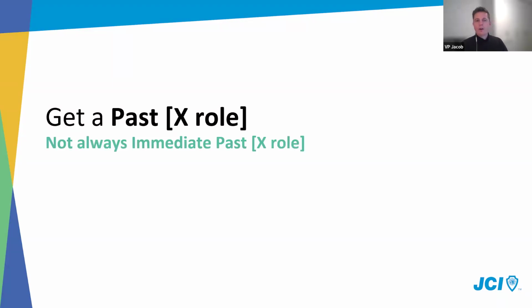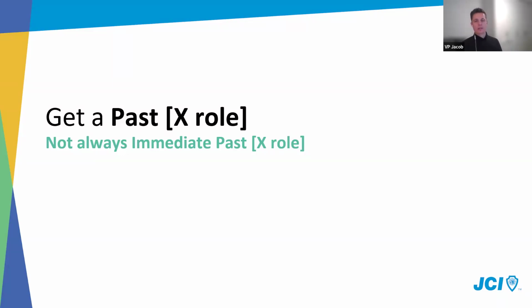Then I oftentimes hear, yeah, I don't have an immediate past committee chair for whatever reason. No, but has anybody else done what you're doing in your local organization before? Yeah, Lotte and Peter and whoever. Okay, well, please get that person to be not your immediate past, but your past X role.